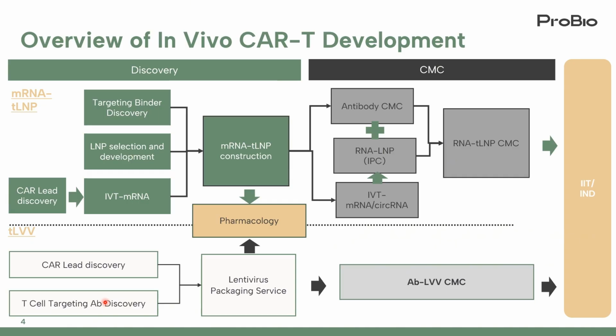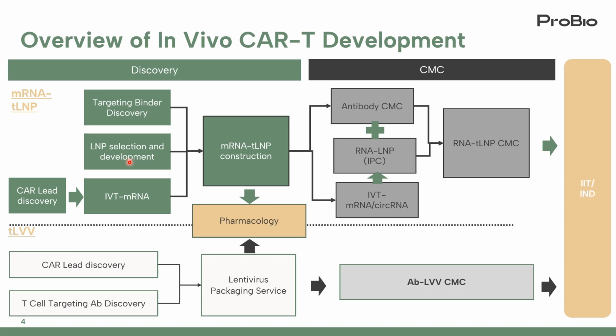The lentivirus approach is relatively more straightforward. Everything is incorporated into one module with the gene sequence encoding different parts. For the LNP approach, the discovery of LNP and mRNA are independent from those two antibodies.